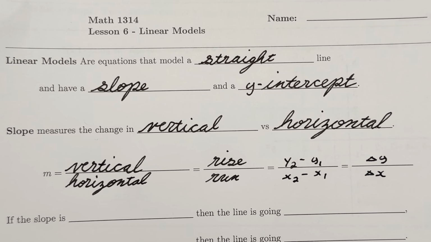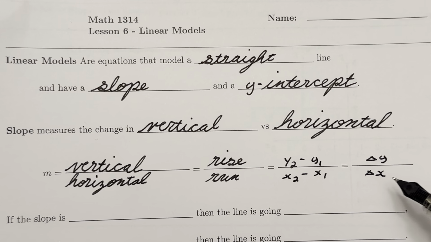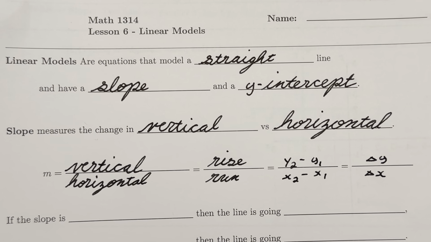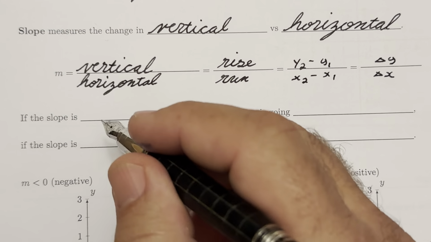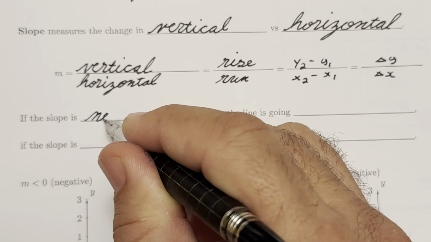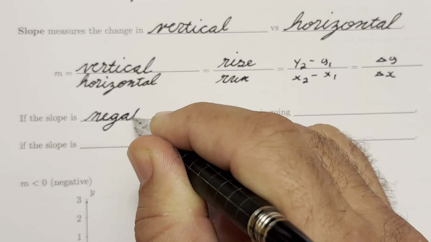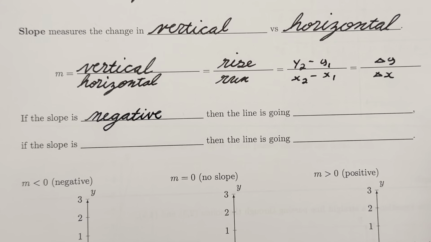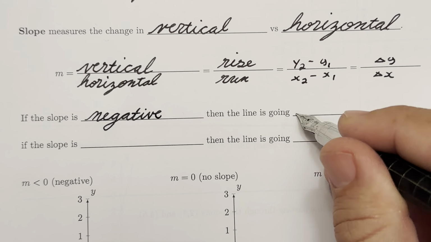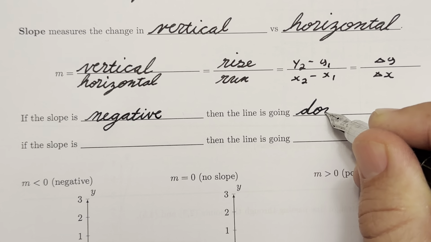And that's it. That's the slope. Slope is rise over run. That's the change in y over change in x. Now, it is important to note that if the slope is negative, then the slope is going down, right?